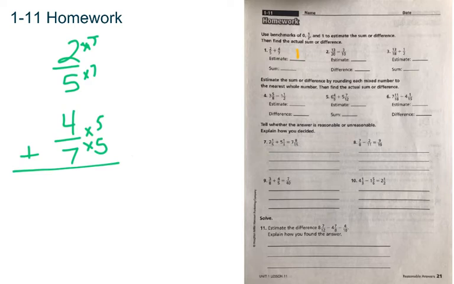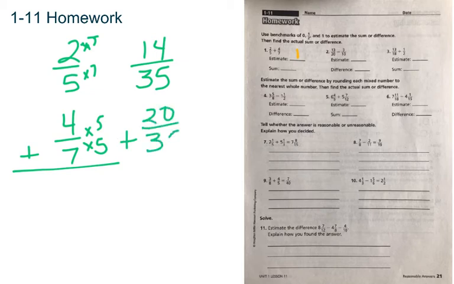And I'm going to have 14/35. And I'm going to add that to 20/35. And 20 plus 14 is equal to 34. And your denominator stays the same. And I can see that 34/35 is my answer.